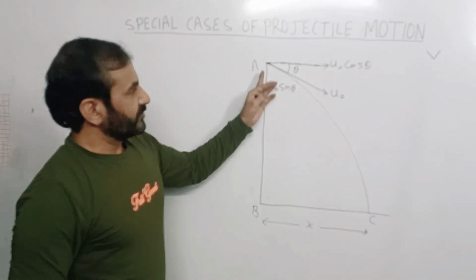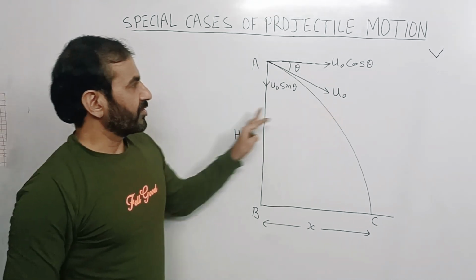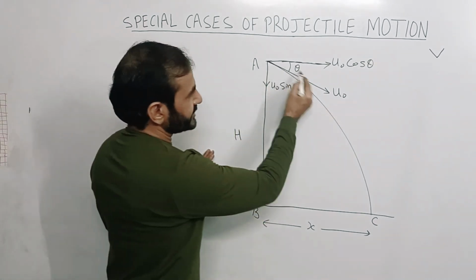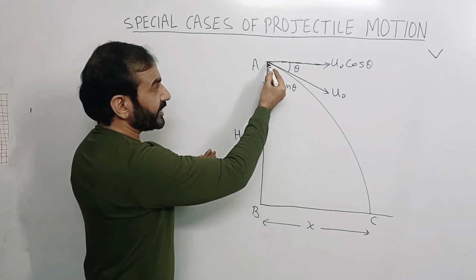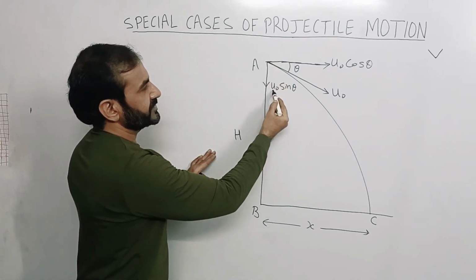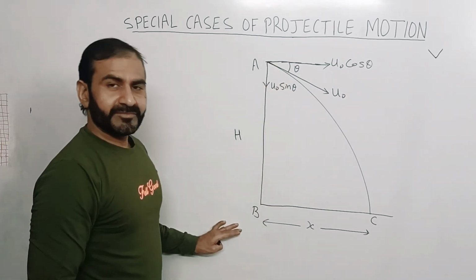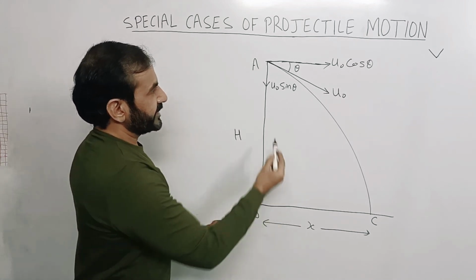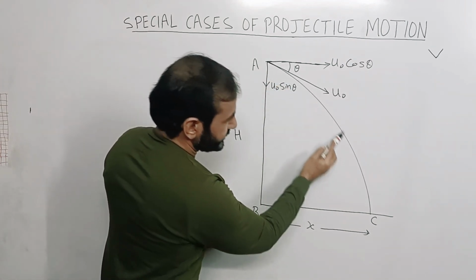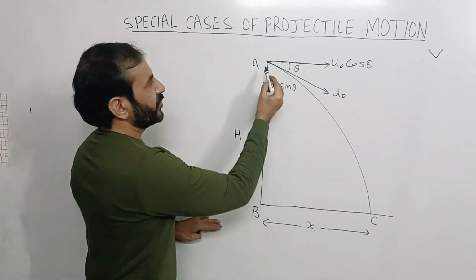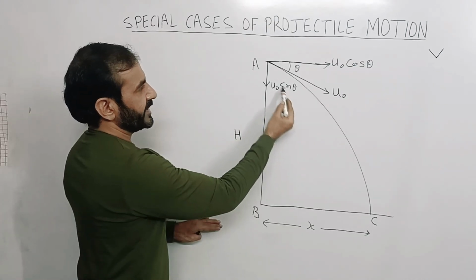Body is thrown with velocity u naught at this angle, or body is thrown vertically downwards with velocity u naught sin theta. Same thing. Time taken by the body to move via this path and reach C will be same as body is thrown with velocity u naught and reaches B.